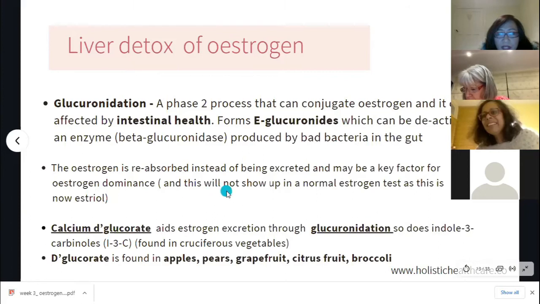And the interesting thing is that it may not show up in a normal estrogen test, as it is now estriol. It can be very confusing with the testing, because people often say, but my GP's done testing, my hormone levels are all normal, but I'm still exhibiting all these symptoms. So please don't rely on just the testing alone.